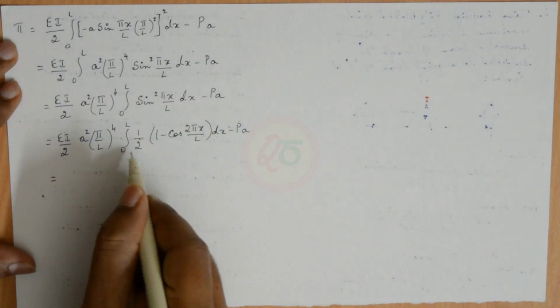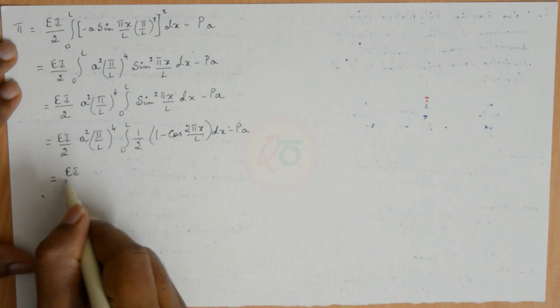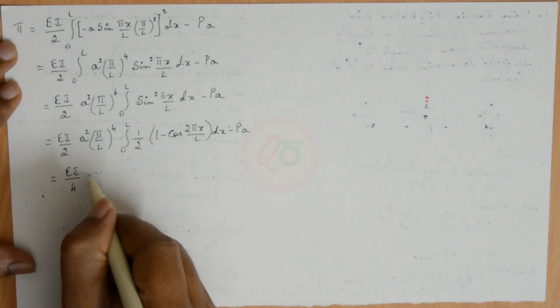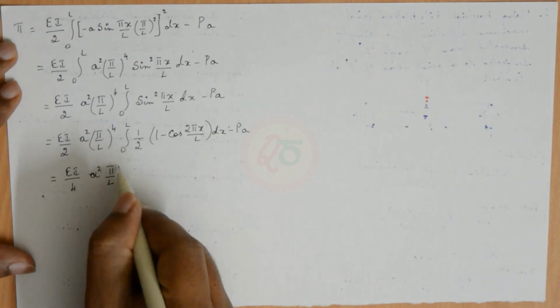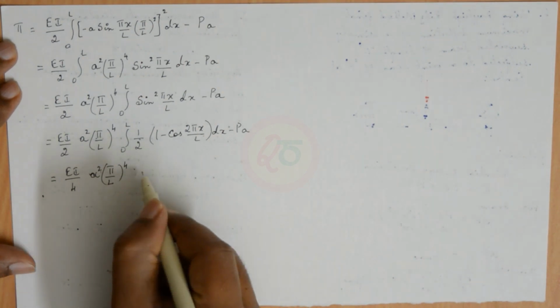So this becomes EI by 4 a square pi by L to the power of 4 times the integral.